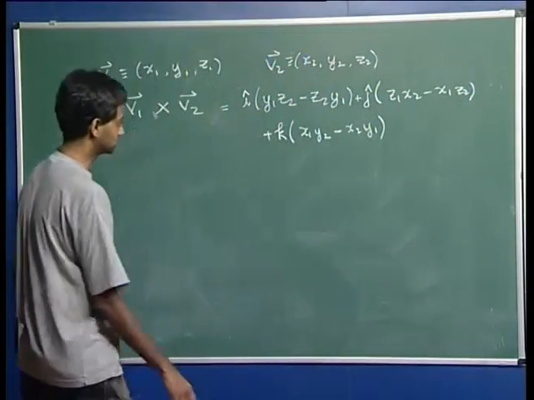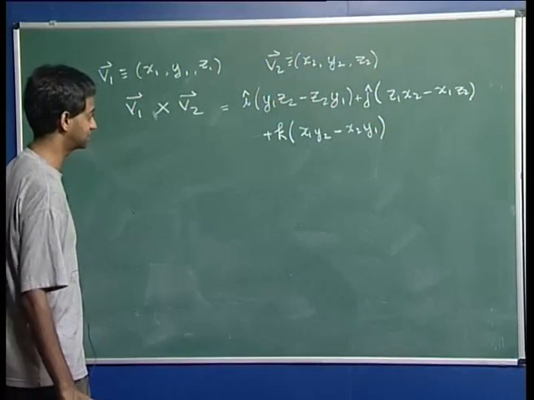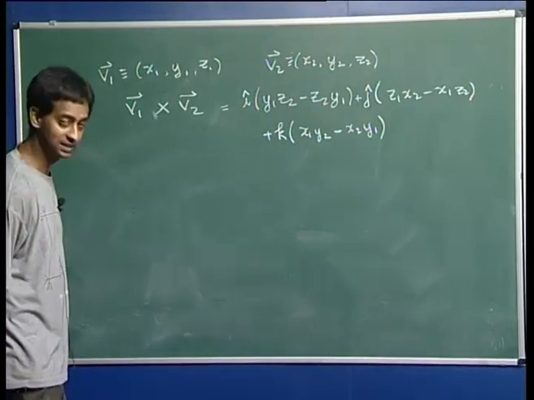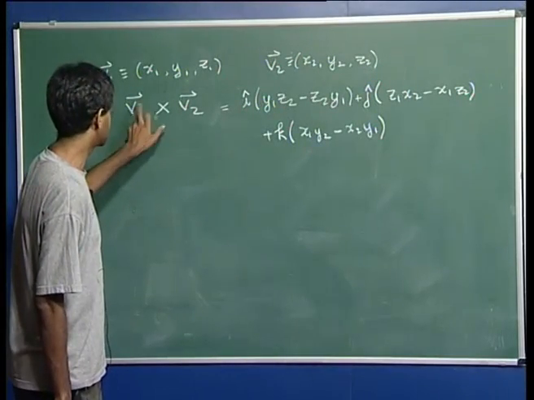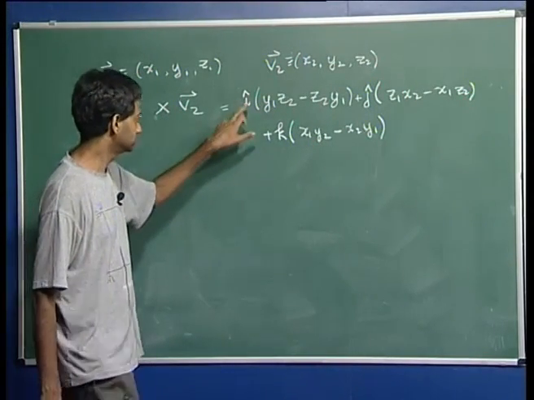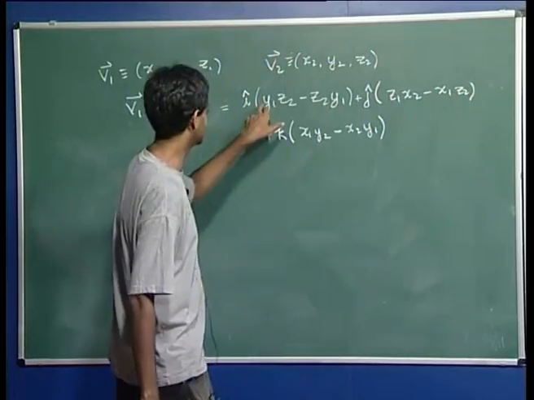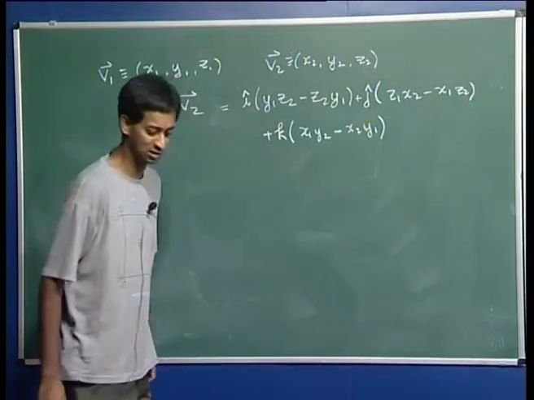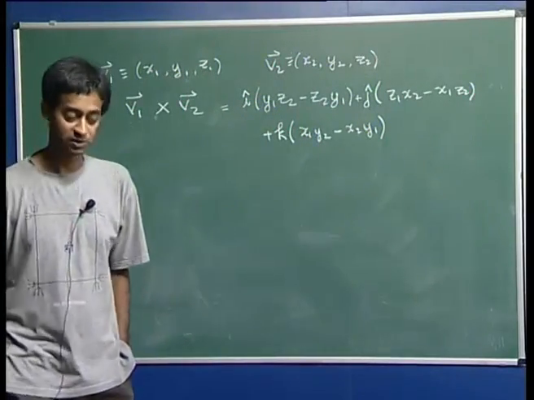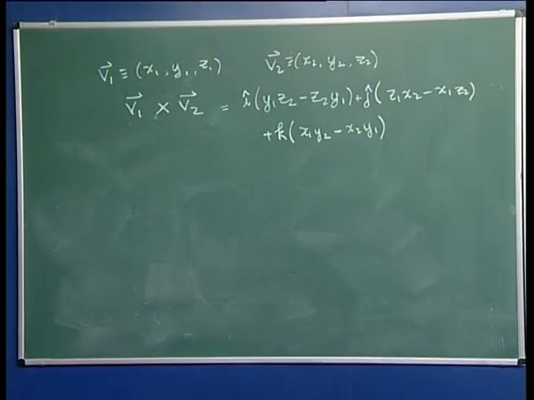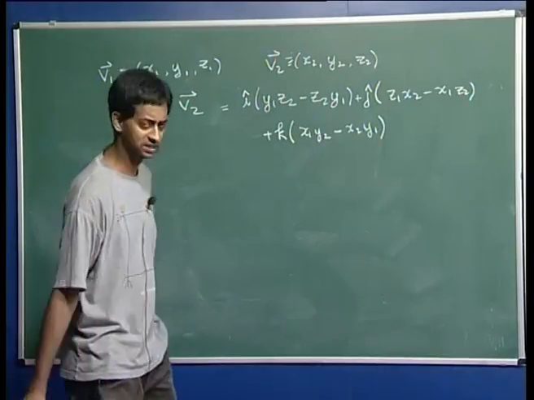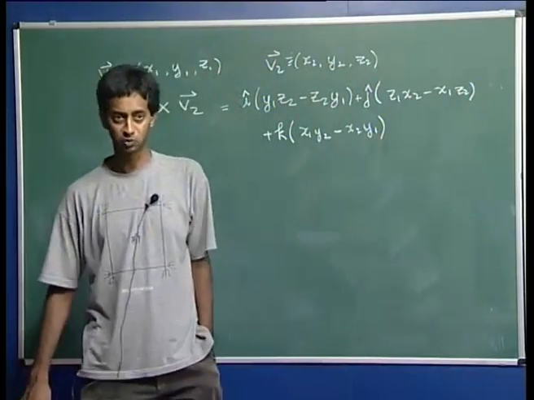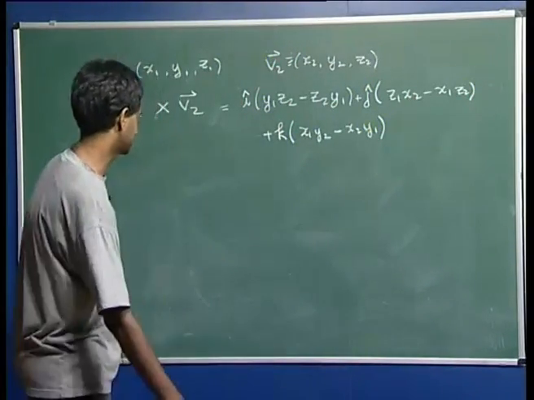So the cross product is different from the dot product in that sense, and it is unique to 3 dimensions because for the cross product of two vectors, you need to have this anti-symmetrization possible, and that is possible in 3 dimensions. Okay. So I won't mention a lot more about the cross product, since I assume that all of you know how to take cross products.